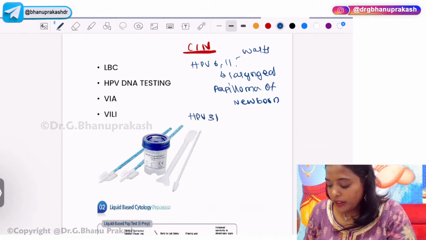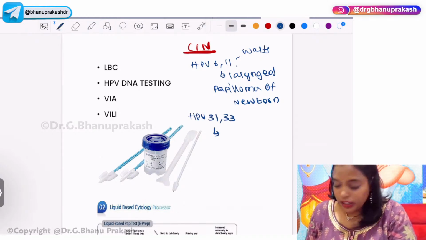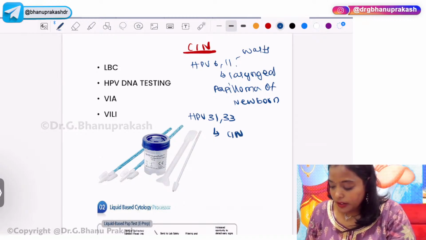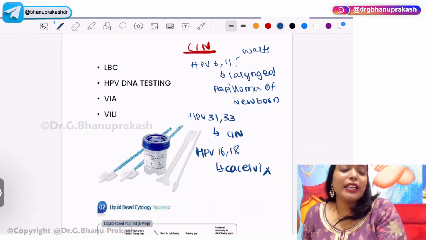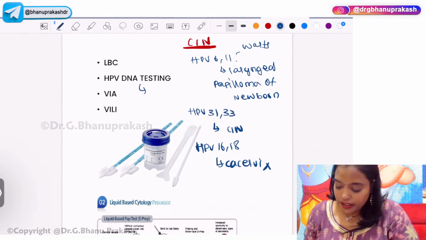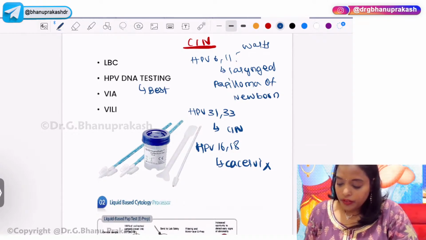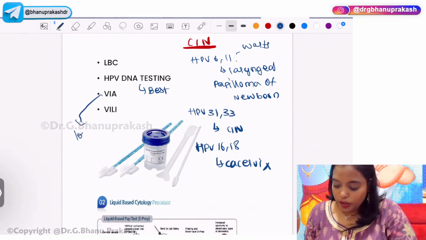HPV 31 and 33 will cause CIN. HPV 16 and 18 will cause CA cervix. Best screening method is HPV DNA testing. VIA is for low resource setting.